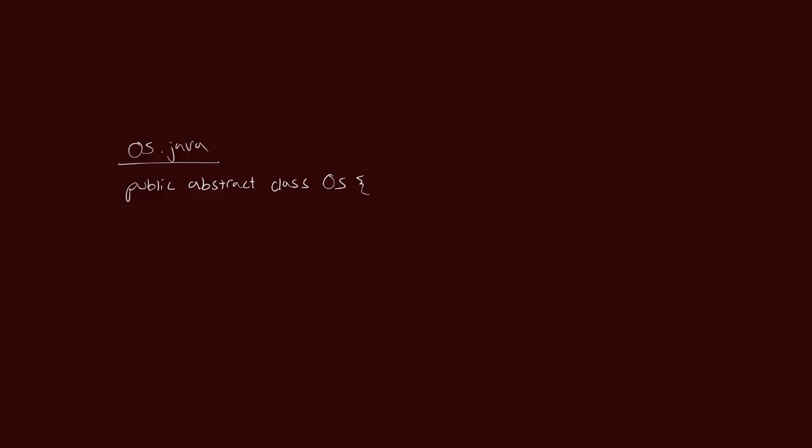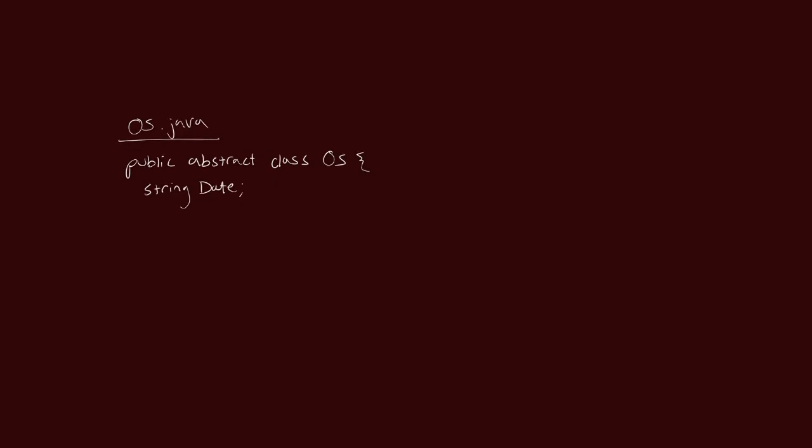Okay, so let's do a string date. This date will be when this operating system was first invented, and then we'll set up our constructor. For the constructor, we're going to use the protected keyword. Anything that's protected means the class and the subclasses can see it.